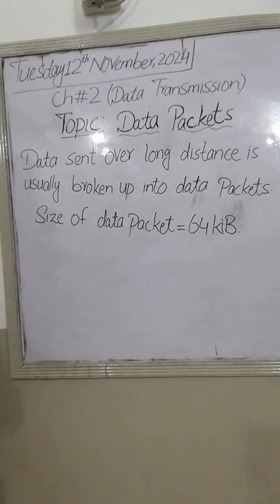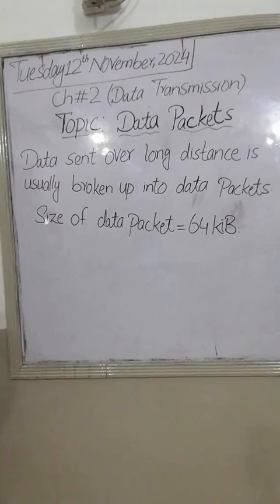As you all know the definition of data packets, data sent over long distance is usually broken up into data packets. So let's talk about what these data packets are.